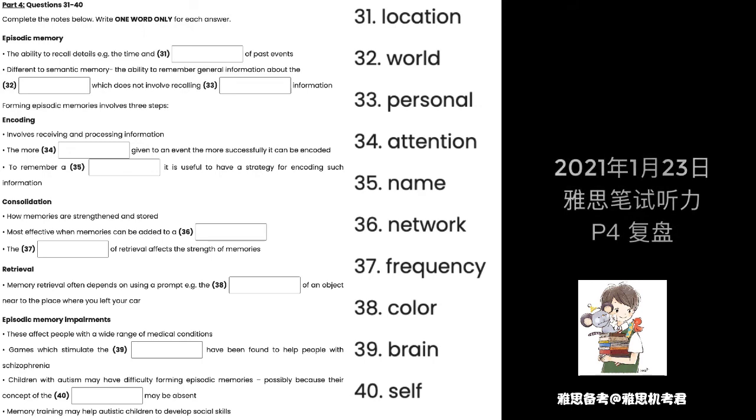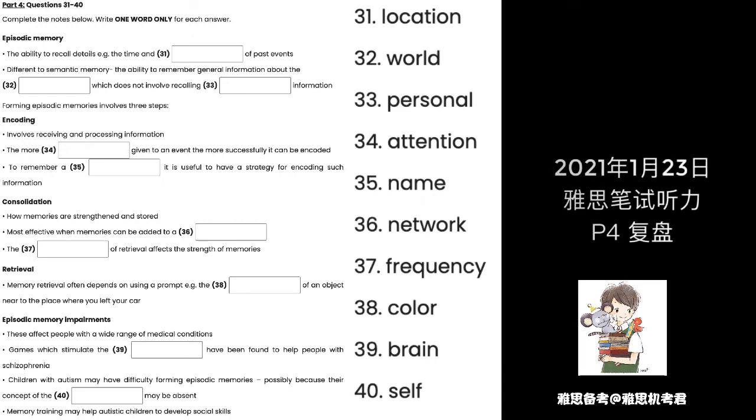The last step in forming episodic memories is called retrieval, which is the conscious recollection of encoded information. Retrieving information from episodic memory depends upon semantic, olfactory, auditory, and visual factors.